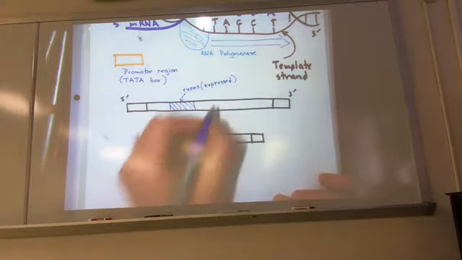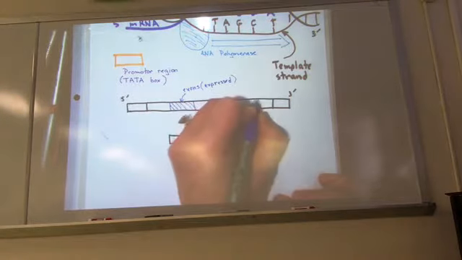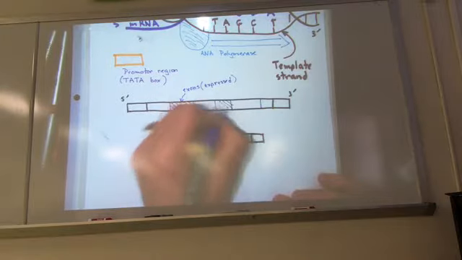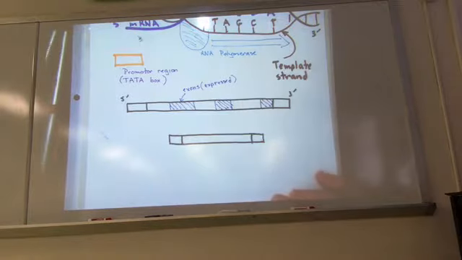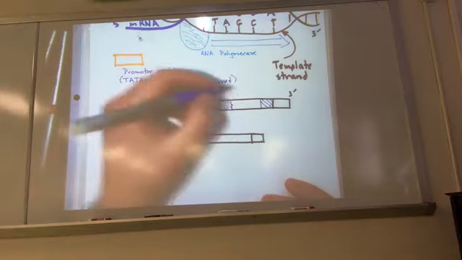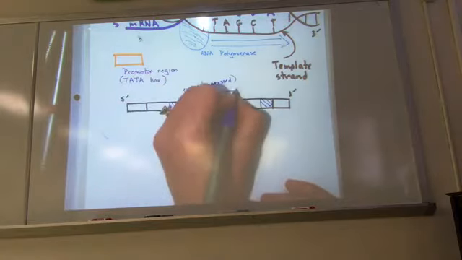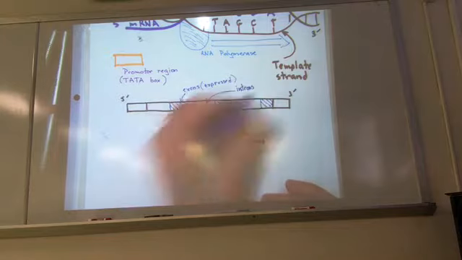And then I'm going to draw a few of those. And then I'm also going to have the ones that are not going to be expressed, and those are called my introns. So introns are removed.